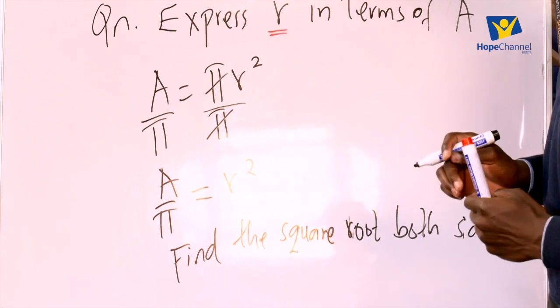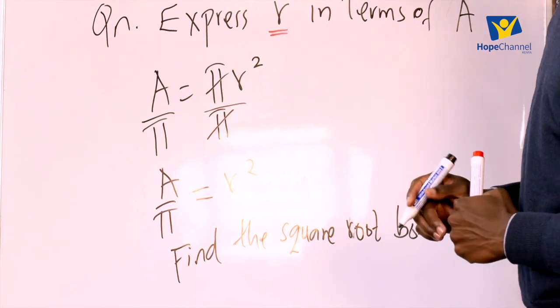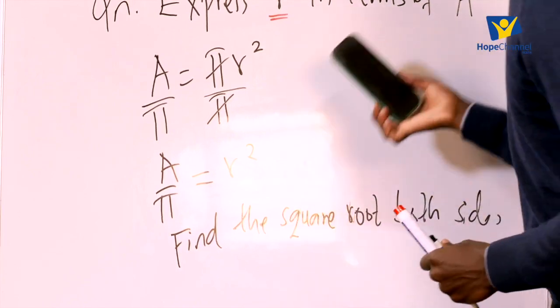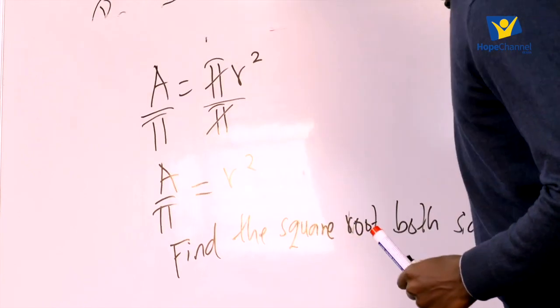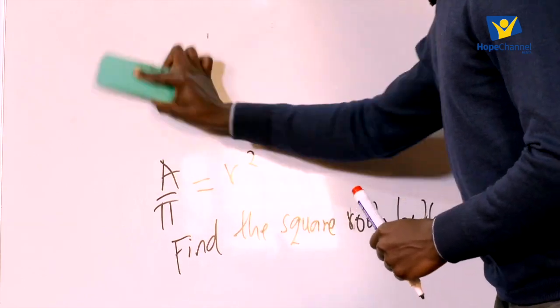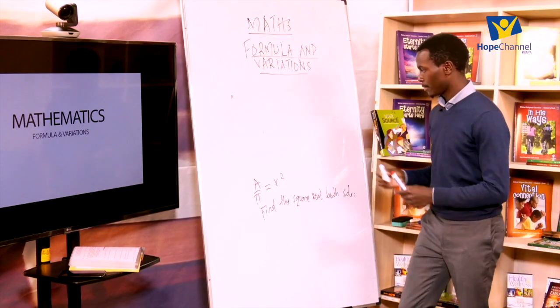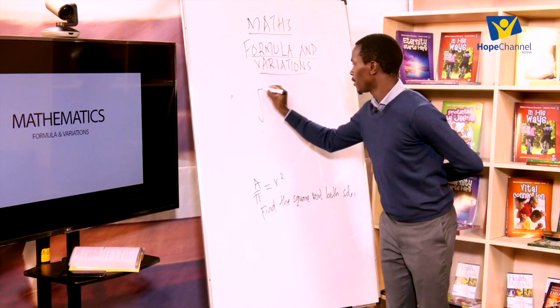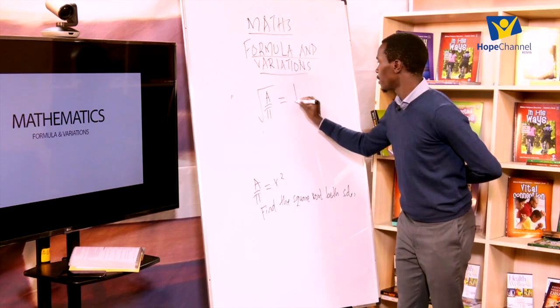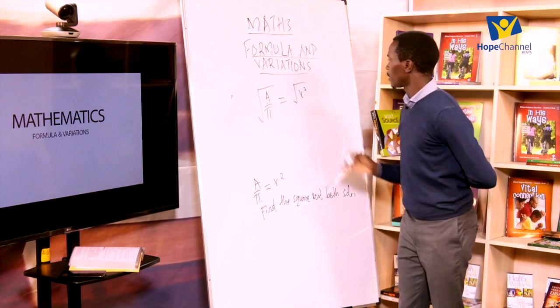So by finding the square root both sides, we'll have the square root of a over pi, that will be equal to the square root of r squared.